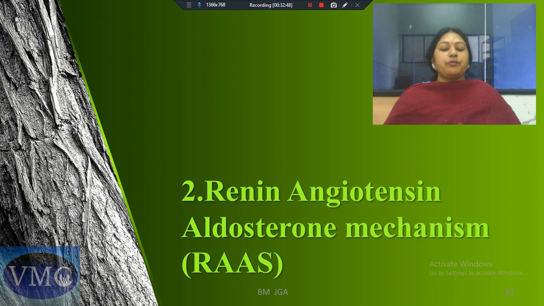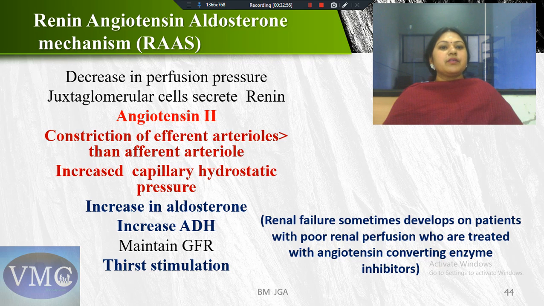So now we are going into the most important thing, the renin angiotensin aldosterone mechanism, or RAAS mechanism, in control of BP and blood volume. So what happens? We know renin is secreted whenever there is a decrease in your GFR. So where does the decrease in GFR occur? Whenever there is a decrease in your perfusion pressure. So here we will look at the flow chart.